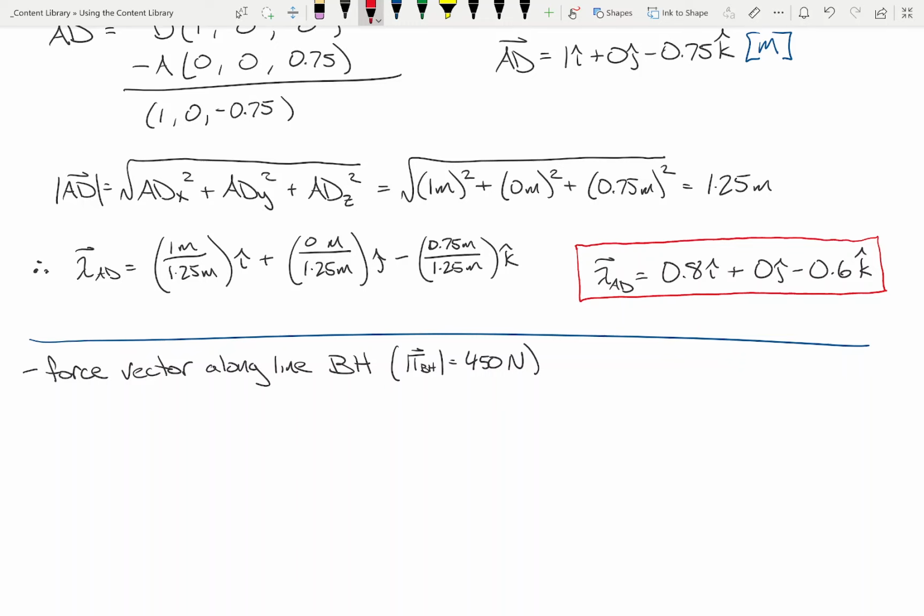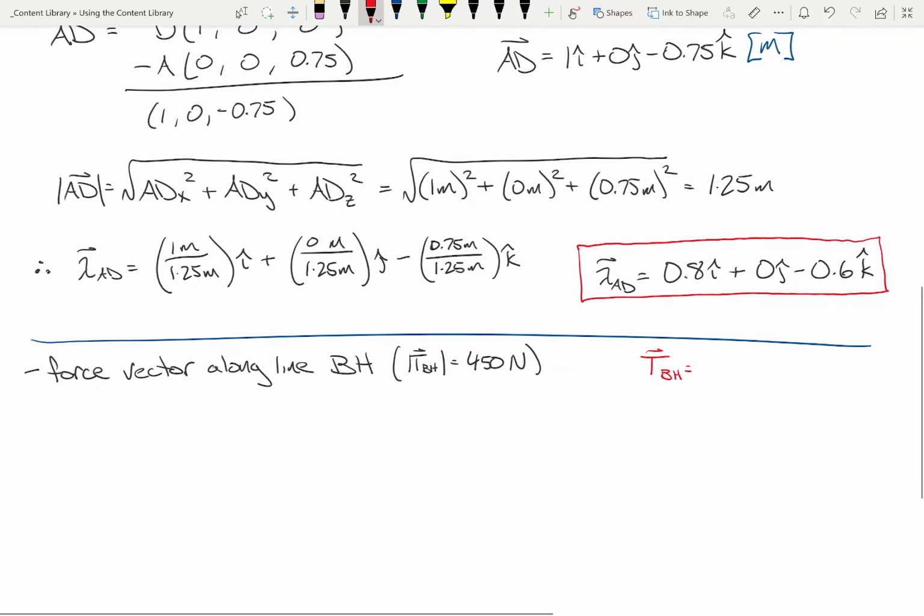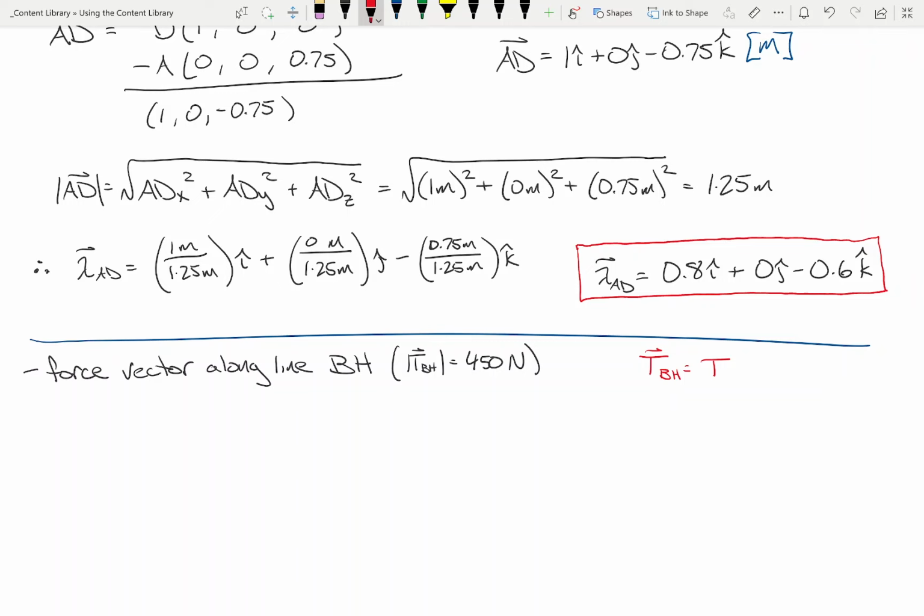Yeah. Okay. Now remind me, how do we do a 3D force vector? We take the magnitude times what? Remember, we do the lambda?